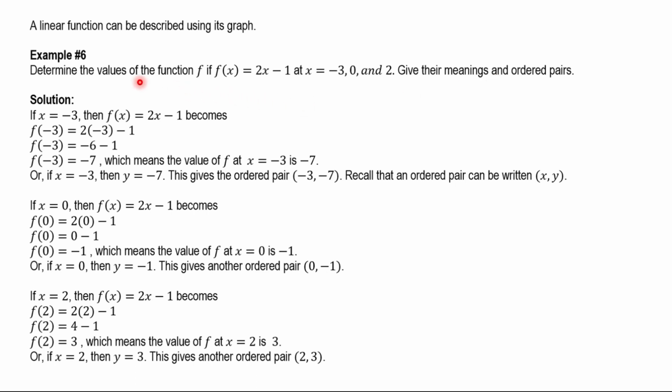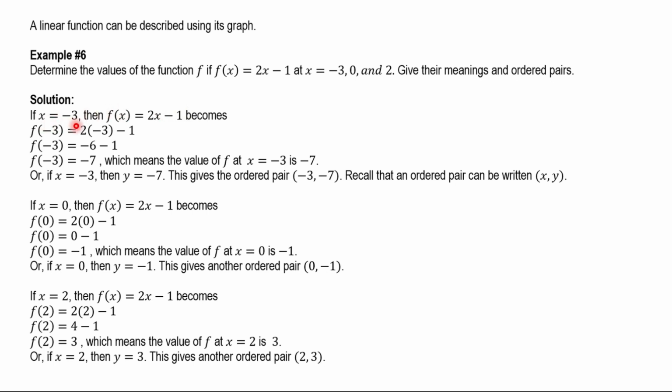To determine the values of the given function, all we have to do is just substitute the values of x into the given function. Then the resulting value, that is our value of y. So it's a matter of substitution. Here's the solution.